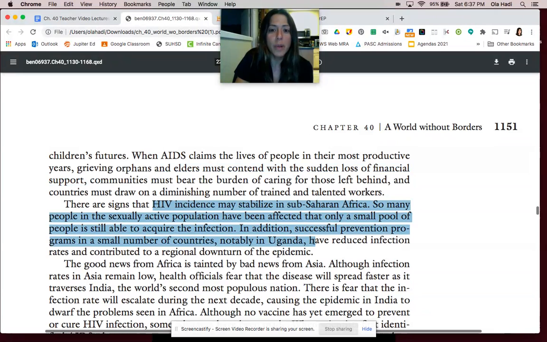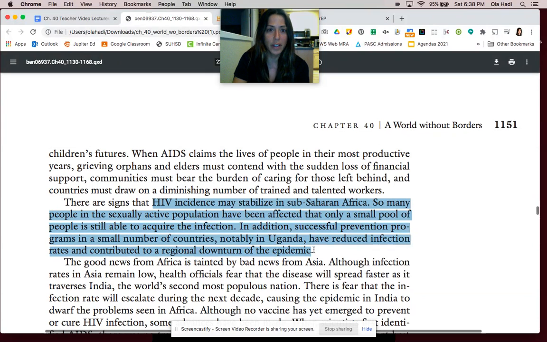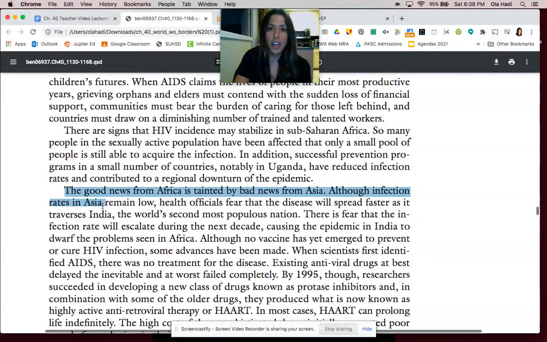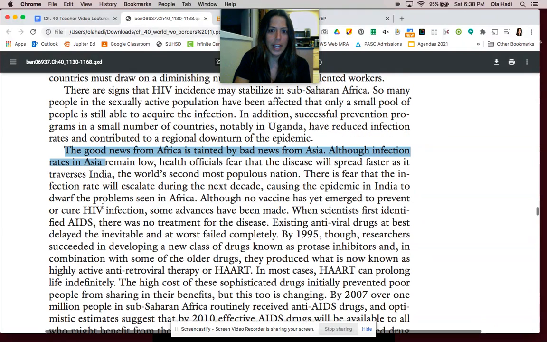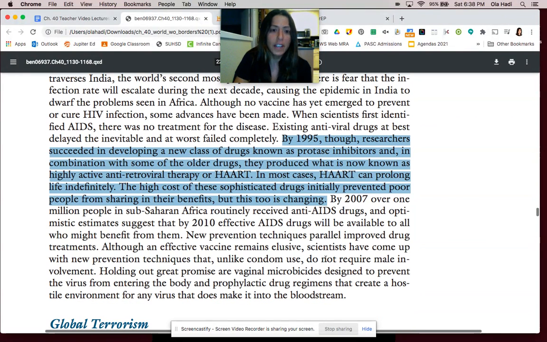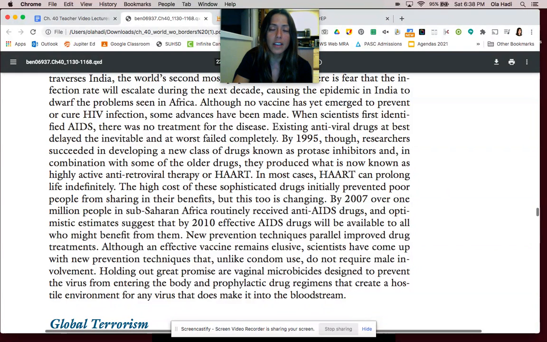There are some positive successes towards trying to prevent AIDS or educate people about the spread of AIDS in Africa. On the other hand, you also see HIV/AIDS infection rates increasing in Asia. Then it goes into talking about some of the new technologies meant to fight against AIDS, but they're not always effective in that not everyone has access to them.